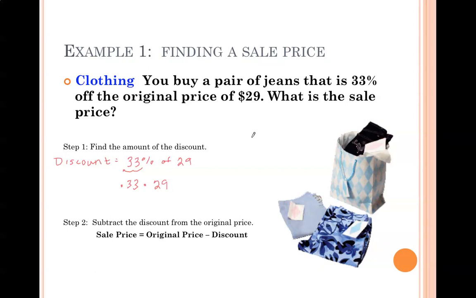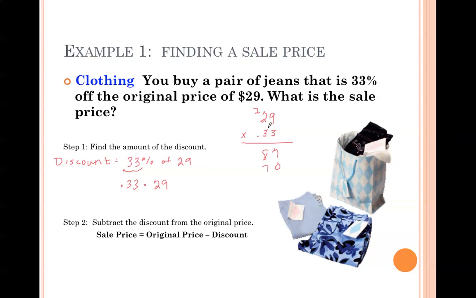All right, I'm going to come over to the side and do my scratch work over here. Make sure that you're writing down everything that I write down. 9 times 3 is 27. 3 times 2 is 6, plus 2 is 8. 3 times 9 is 27.